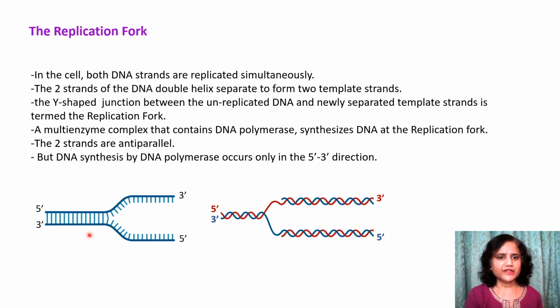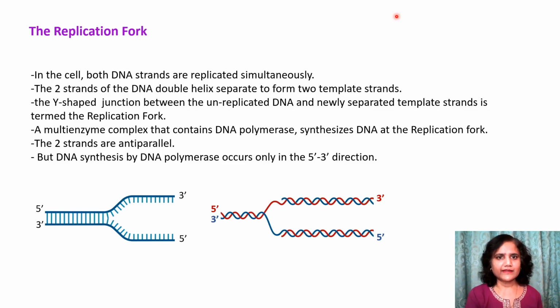And this Y-shaped junction which is there between the two unreplicated DNA and the newly separated template strands is referred to as the replication fork. A multi-enzyme complex that contains the DNA polymerase synthesizes DNA at the replication fork.